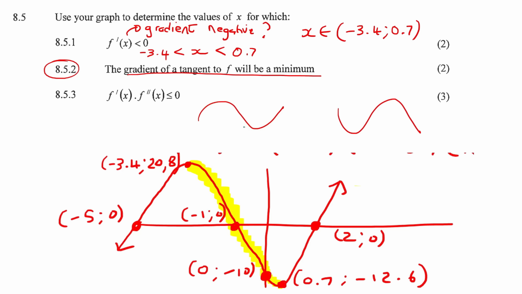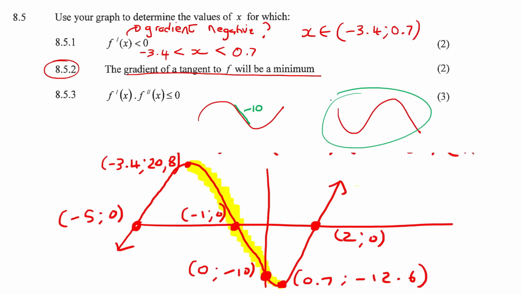So where would the minimum be? Well, the minimum is always going to be at the inflection point, which is at this point over here. If you had to draw a tangent there, the gradient would be very negative, which we call a minimum, because it'll be like negative 10, for example, which is a very small number.